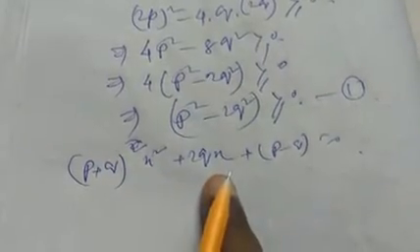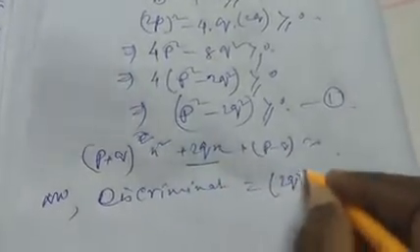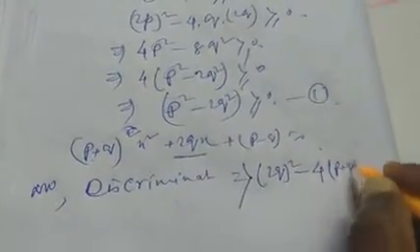Now we have to show the roots of this equation are complex from case 1. The discriminant is b square minus 4ac, where a means p plus q. We have to show it is less than 0, so we don't just write less than 0; we have to show it from case number 1.